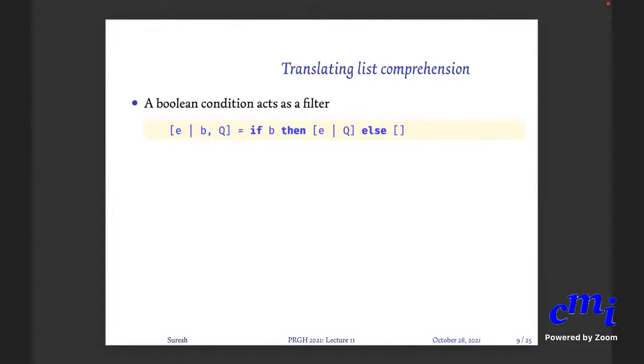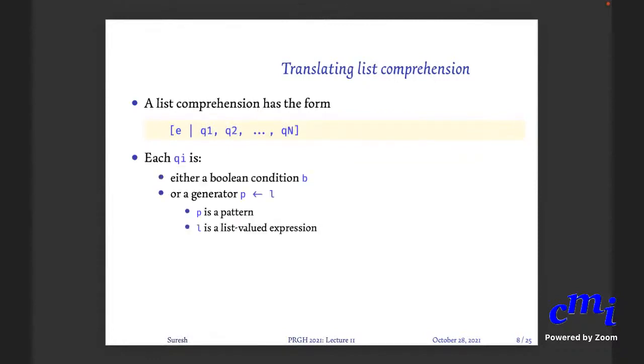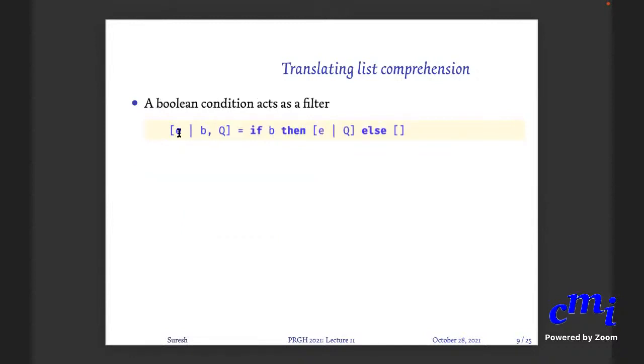Now it's actually very simple. You can give a recursive definition of what this notation means. If you have E with a Boolean condition B followed by a bunch of qualifiers, as they are called, it is nothing but: if B then the list of all E such that Q holds, else the empty list, where Q is a further list of qualifiers.